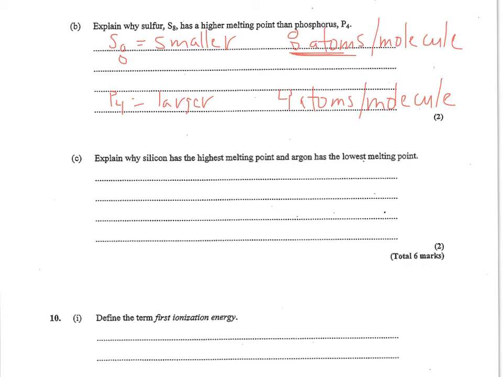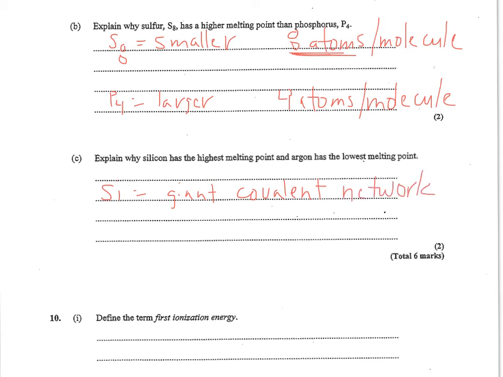And then C, explain why silicon has the highest melting point and argon has the lowest. Silicon, all they were looking for, you didn't have to go into a lot of detail, but silicon forms a giant covalent structure. And since these are worth just 1 mark each for a total of 2, that's all you had to say, giant covalent network or giant covalent structure.